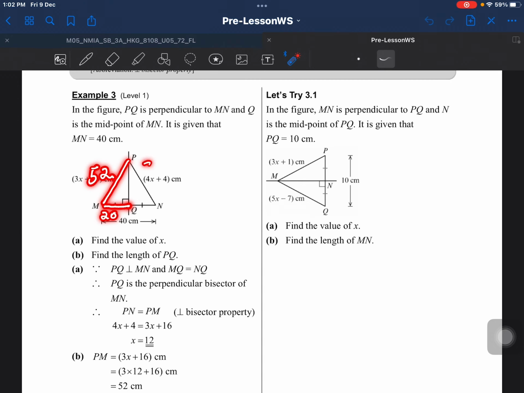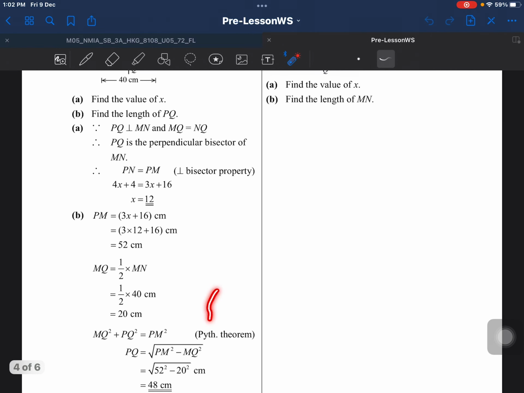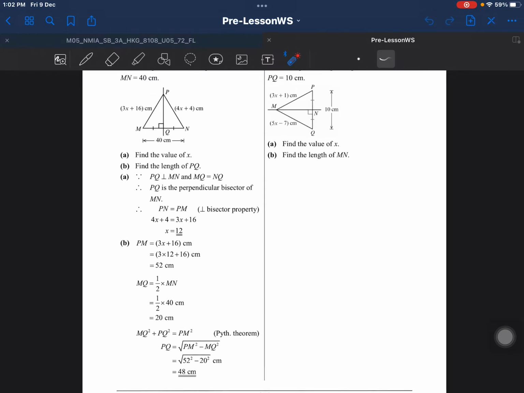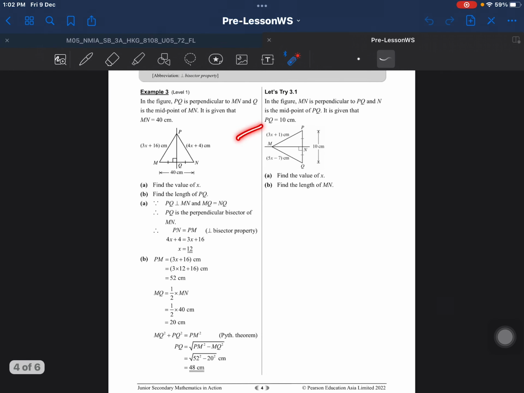And then just because it is a right angle triangle, we can easily apply Pythagoras theorem again to find the length of PQ. All right? After looking at all these examples, maybe you can try to do 3.1. Try to solve it by yourself. All right? Work hard.